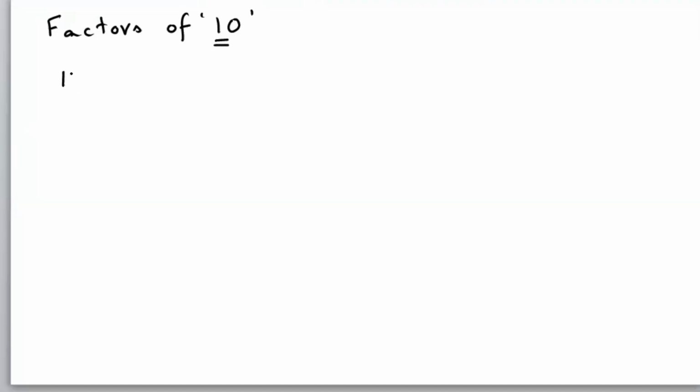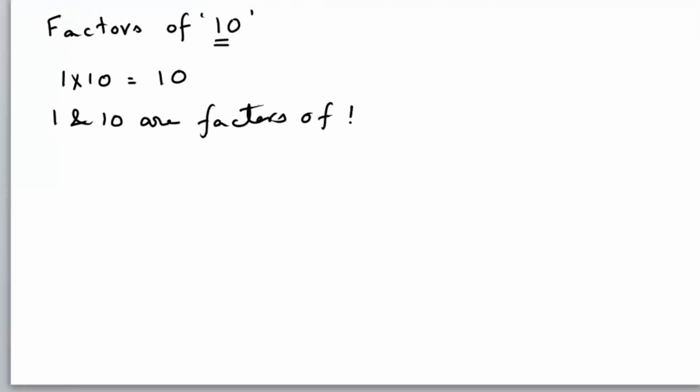Like 1 multiplied by 10 equals 10. Here 1 and 10 are factors of 10. Okay, we multiplied 1 times 10 equals 10, so 1 and 10 are the factors of 10. 2 times 5 equals 10.